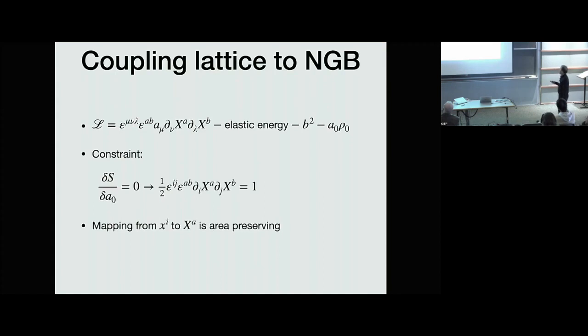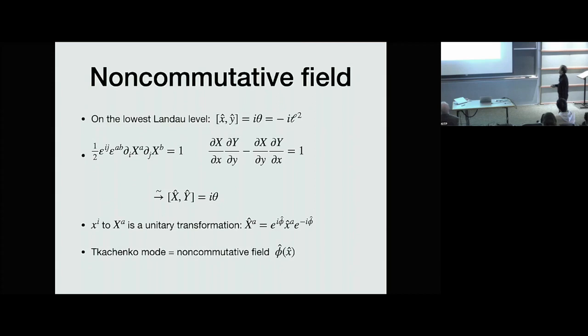So I'm going to go a little bit further and speculate that at the quantum level, something even more interesting happens. We know that if we have physics that happens completely in the lowest Landau level, then the guiding center coordinates X and Y do not commute. Their commutator is a value that is the square of the magnetic length.